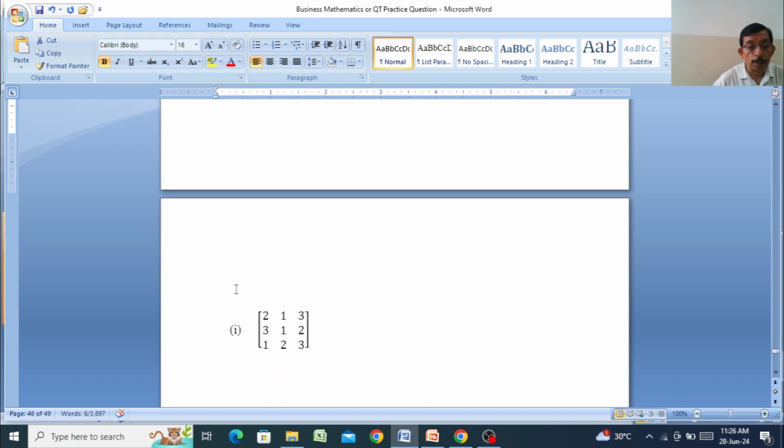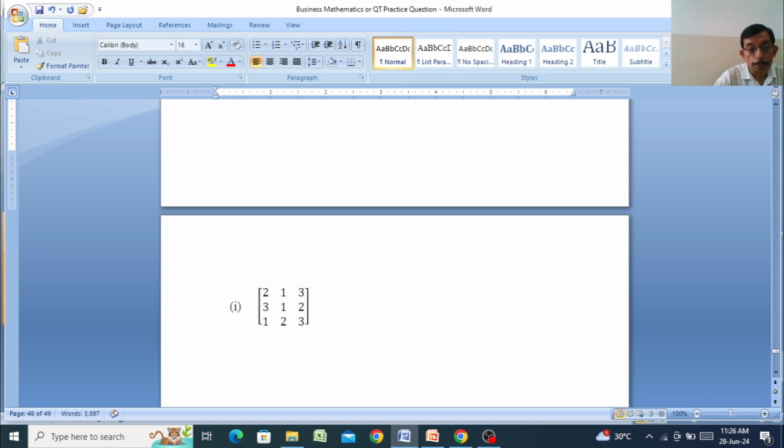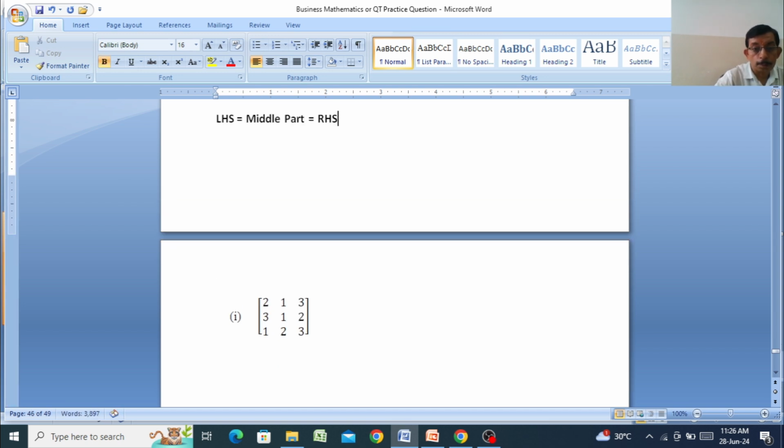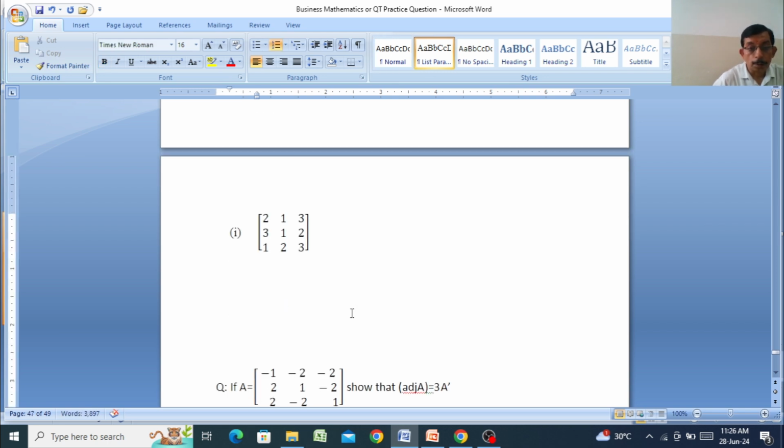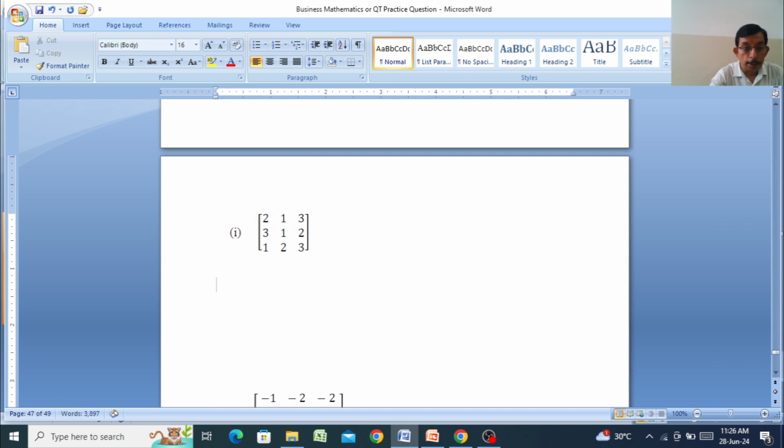Now the second one, a question of 3 by 3 order. First we find the cofactors of this matrix.